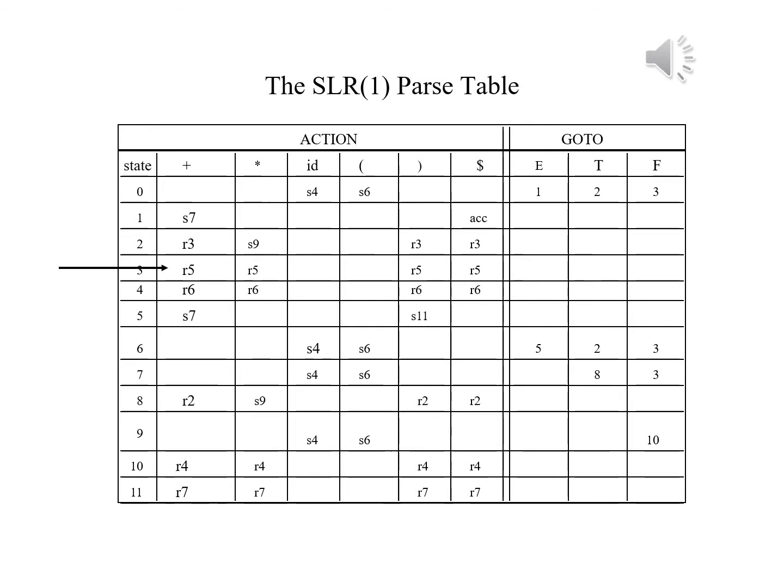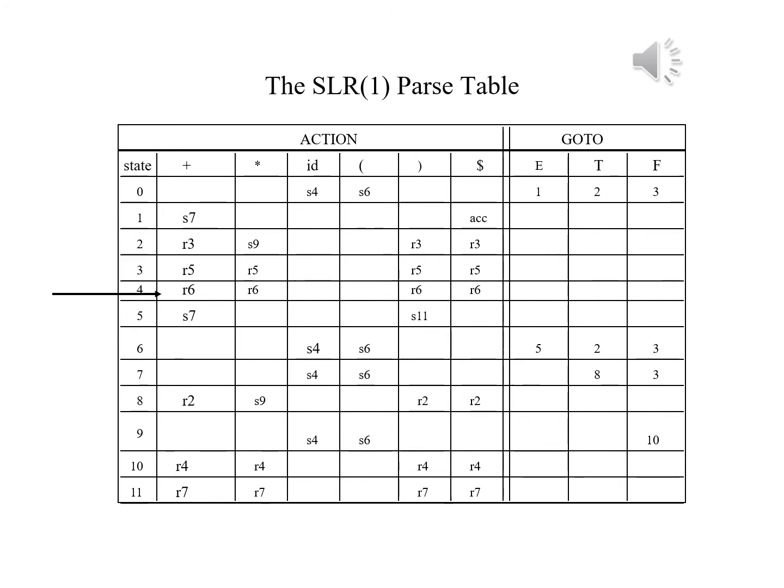State 3 has only one item, a final item, T derives F dot. Follow of T contains plus, times, close parenthesis, and end of file marker. So for these 4 look-aheads, the action is reduce by production 5.